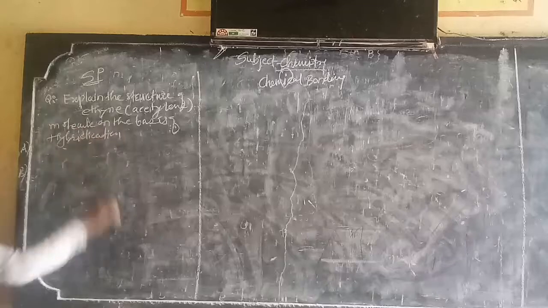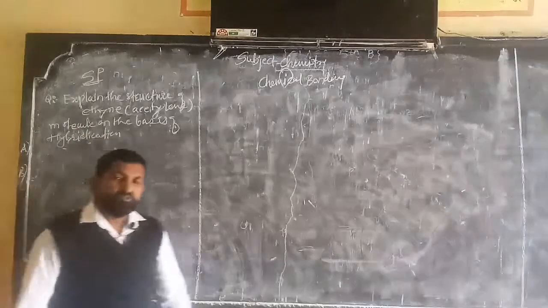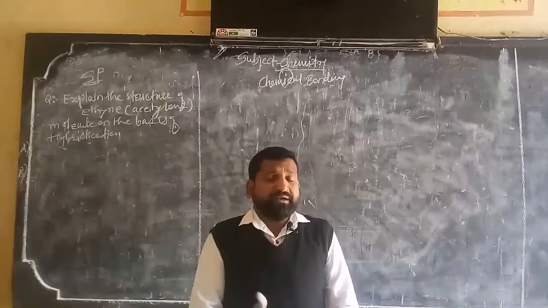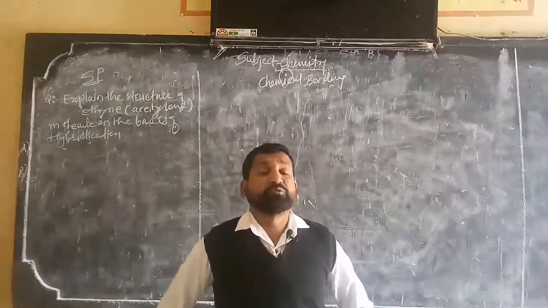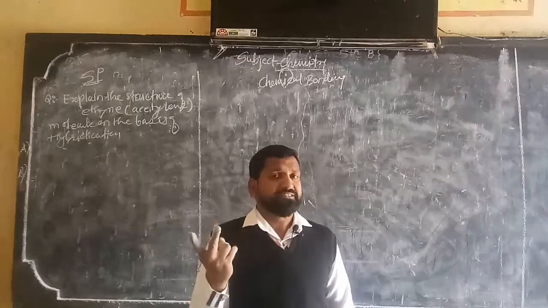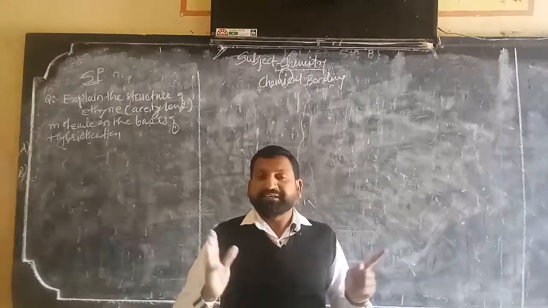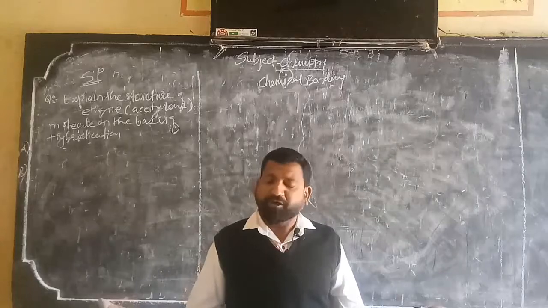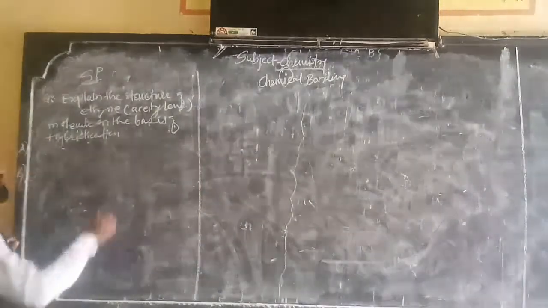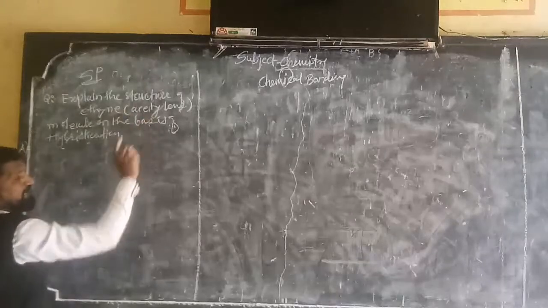So first we define sp. sp means one s atomic orbital and one p atomic orbital take part in the hybridization and produce how many? 2 hybrid orbitals named sp, which are equivalent in energy, symmetry and shape or size. Exactly. So everybody see here, ethylene or ethine or acetylene.